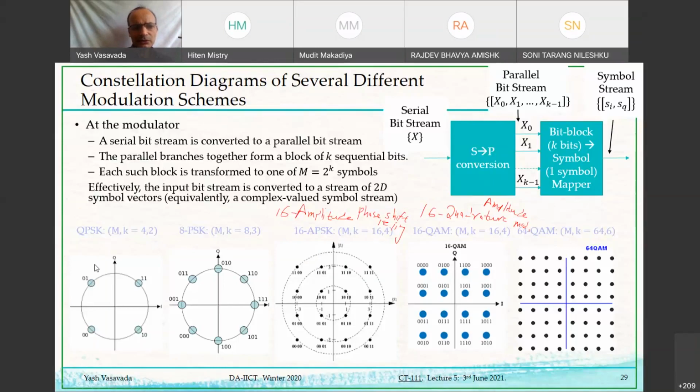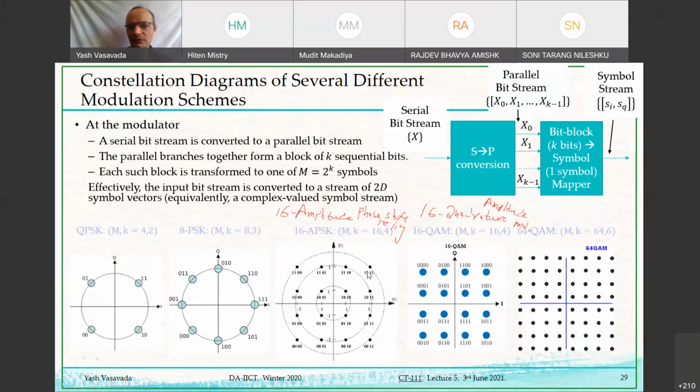Now you can see that for QPSK, for 8PSK, for M-ary PSK, energy per symbol is going to be all the same. And therefore, when you have a total of M different values which are all the same, if you take average, it is also going to turn out to be the same. Clearly, for other modulation schemes that are shown here, different symbols have different energies.